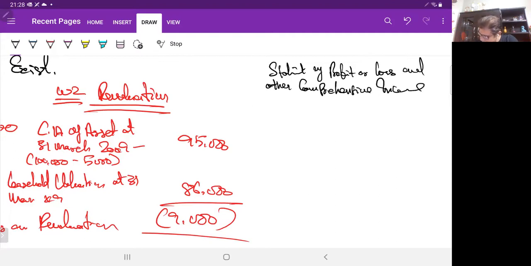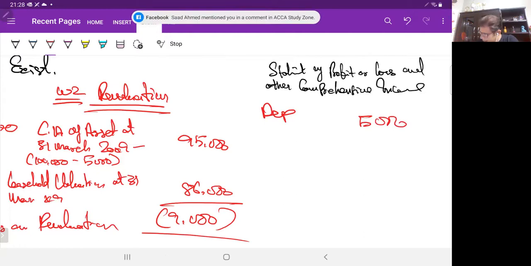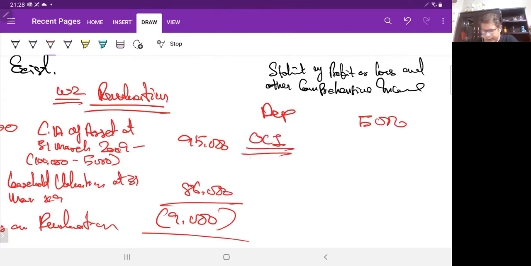In it, first we will have depreciation. How much was the depreciation? 5,000. Then OCI, other comprehensive income. In OCI, we will take the revaluation loss, which was 9,000.